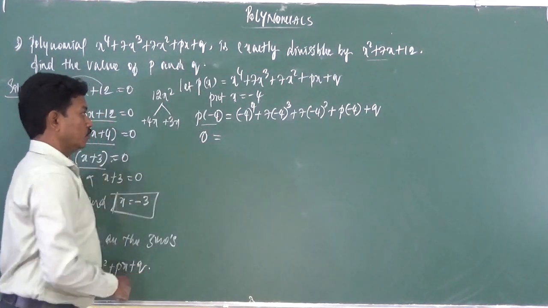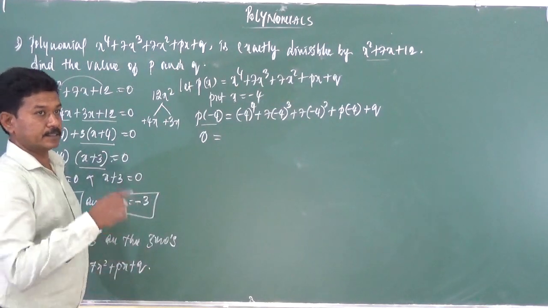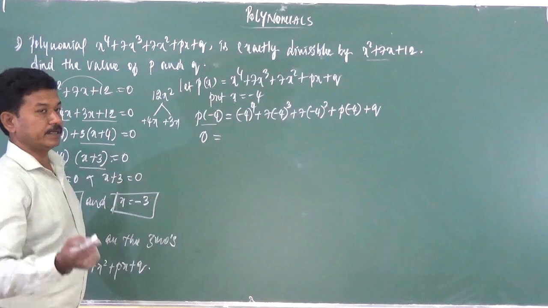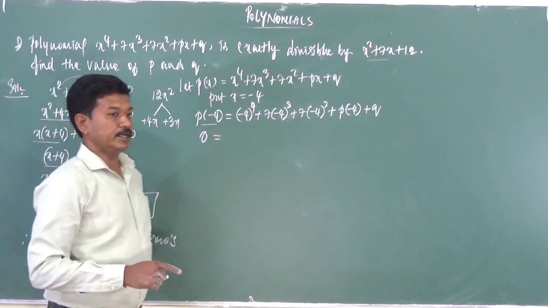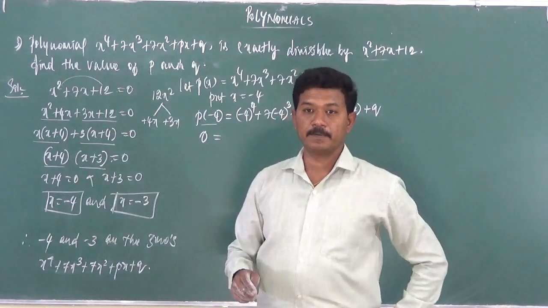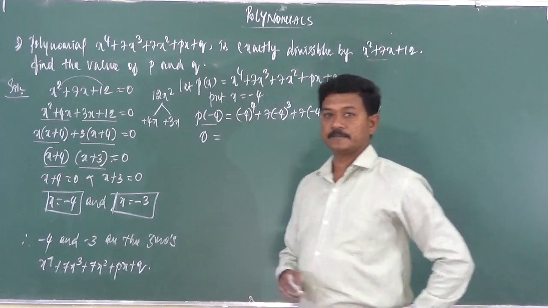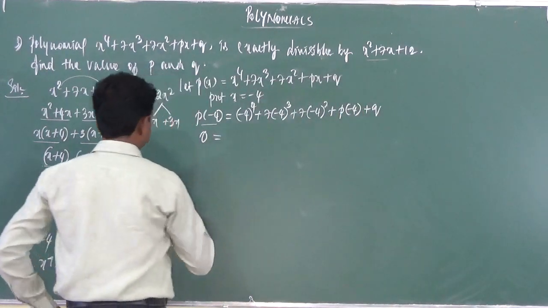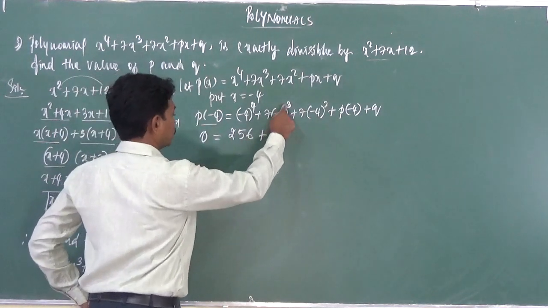So minus 4 whole to the power 4. Minus 4 into minus 4 is 16, again minus 4 into minus 4 is 16. That is 16 into 16. We have to multiply. 16 into 16 is 256. So that is 256 plus (minus 4) whole cube.